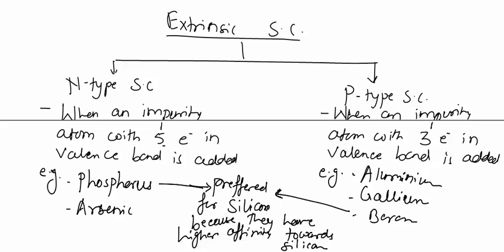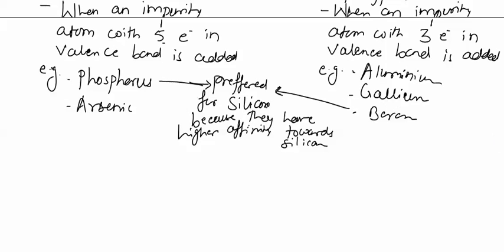If we want to dope any silicon material, we will prefer either boron or phosphorus.